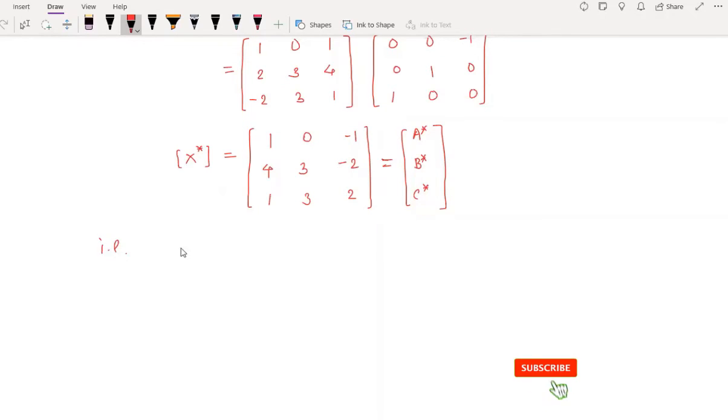So what is the coordinate of the point A star? 1 0 minus 1. B star 4 3 minus 2, and C star 1 3 2. Right? So that's it.